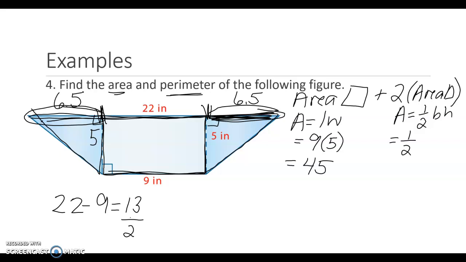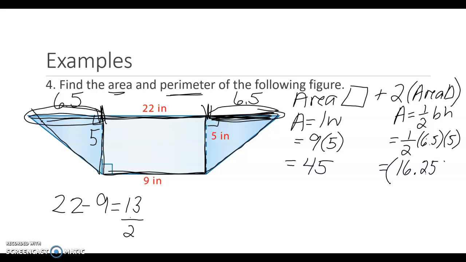Okay, so 1/2, the base we just found was 6.5 inches, and the height is 5 inches. So the area of one triangle is going to be 16.25 square inches.